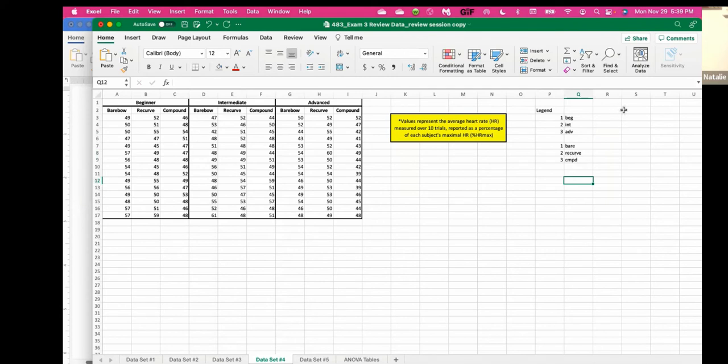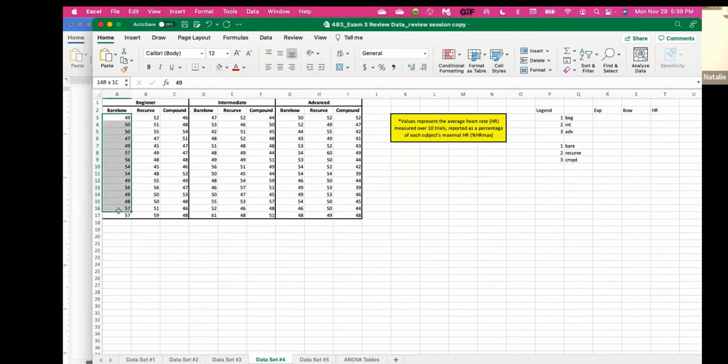So then when you set this up, you would have experience in one column, or the labels for that experience level. You would have a column for the type of bow somebody used, and then you would have the heart rate for the dependent variable that was measured.